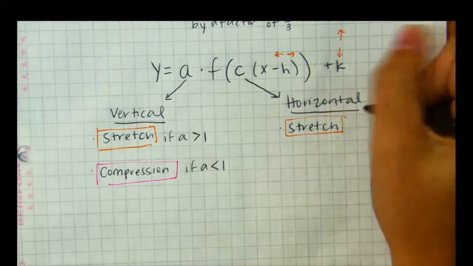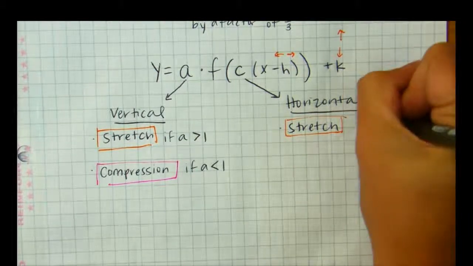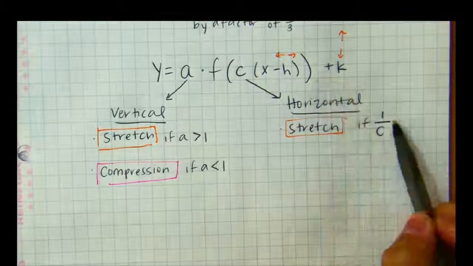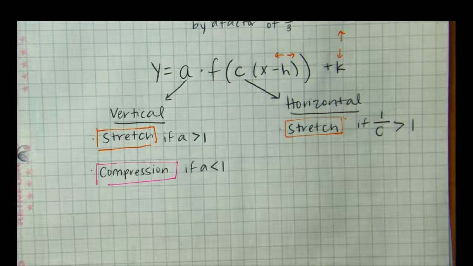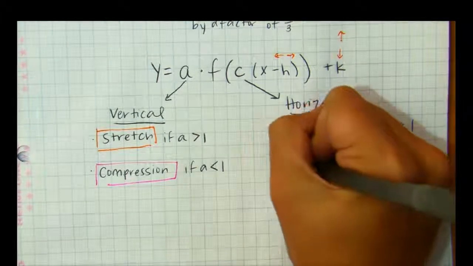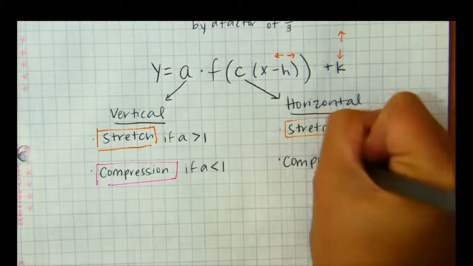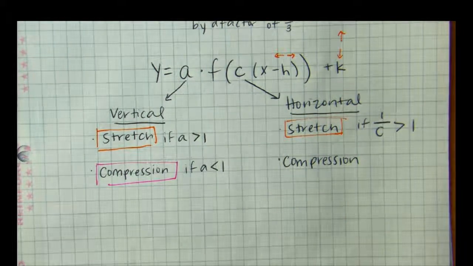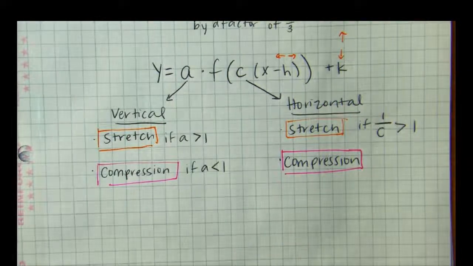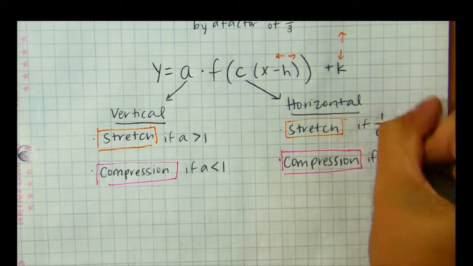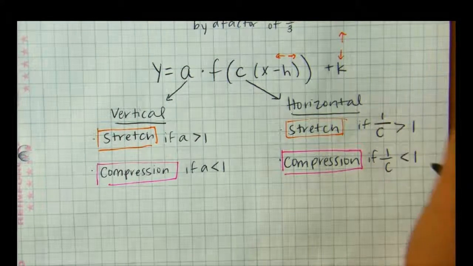You're going to have a horizontal stretch if 1 over c, so not just c, but 1 over c, is greater than 1. Or you'll have a horizontal compression if 1 over c is less than 1.